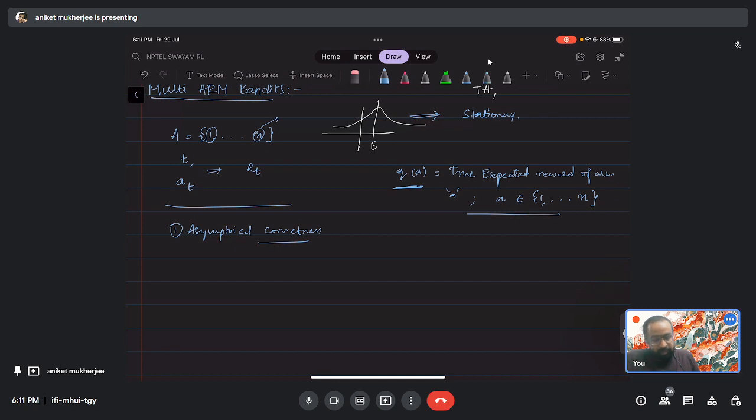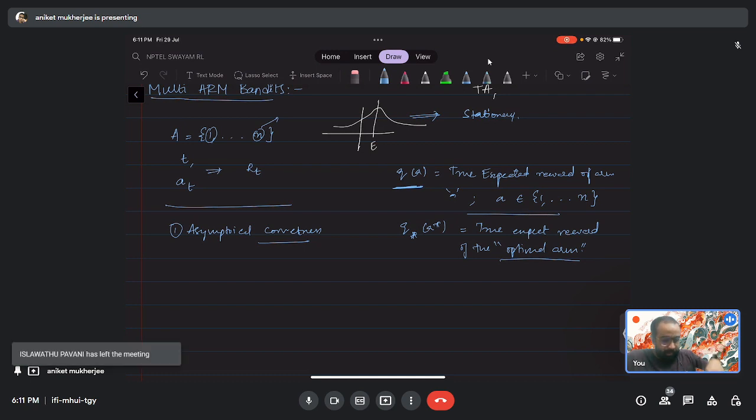Now asymptotic correctness means: let Q star A star be the true expected reward of the optimal arm. What do I mean by optimal arm? There will be one arm which has the maximum expected reward. That maximum expected reward will be given by Q star A star.